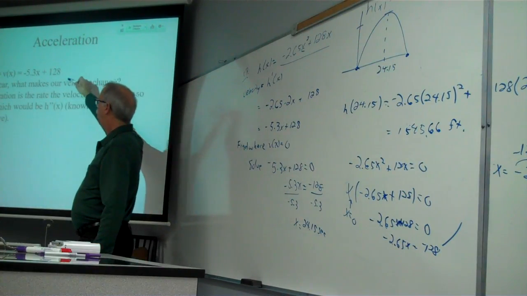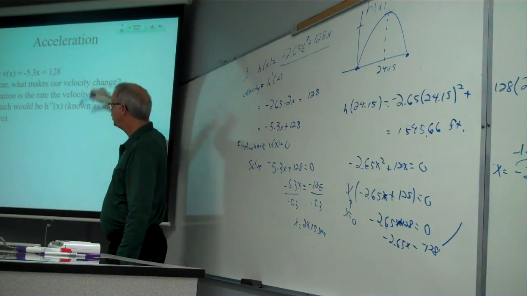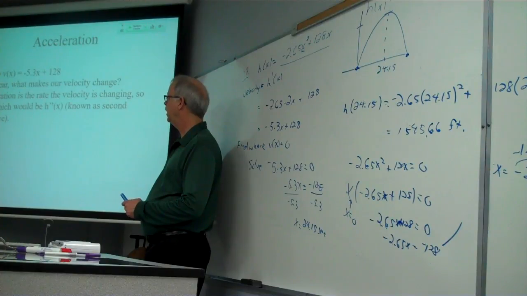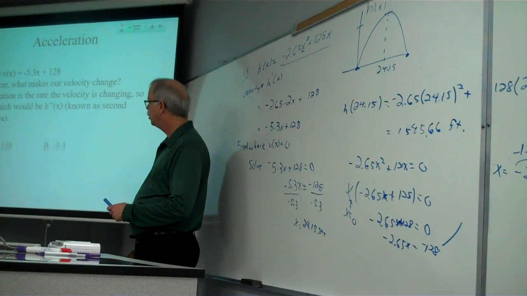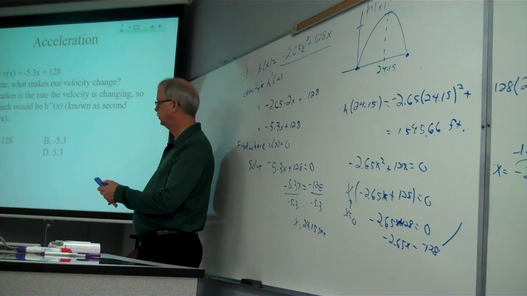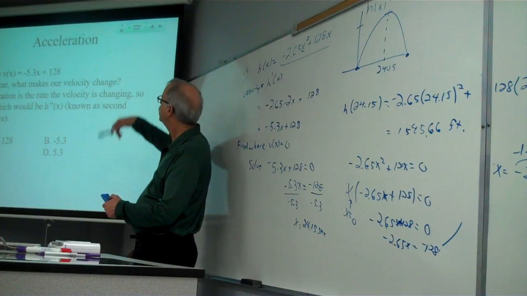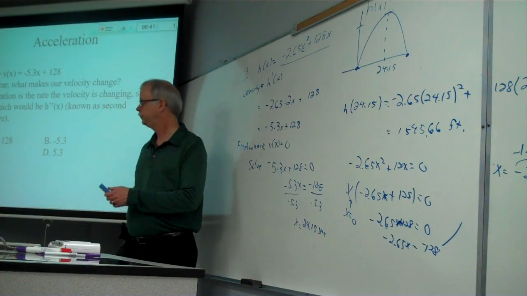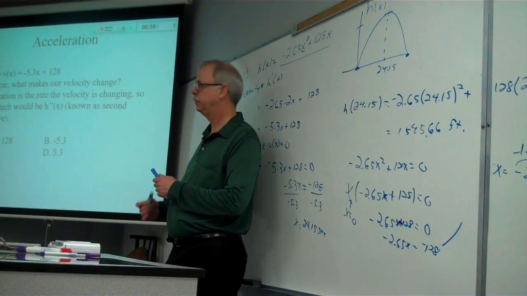Well, if we know our velocity, the change in velocity, well, we take another derivative. So we can take another derivative here. And so if we do that for this particular function, what do we get if we take the derivative of the derivative?